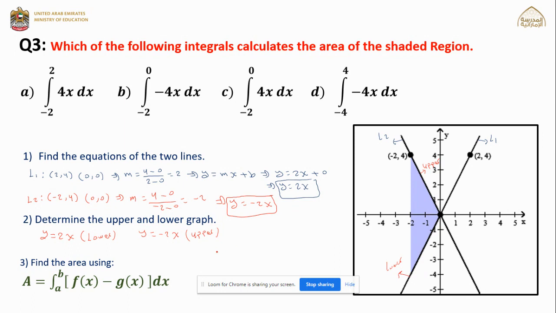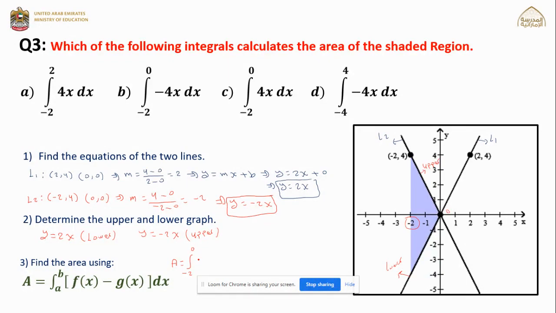To find the area, I will use the law: the integral from a to b of f of x minus g of x. So that means A equals the integral. Now what about the borders? The borders start from minus 2 up to 0. So I will start from negative 2 up to 0.